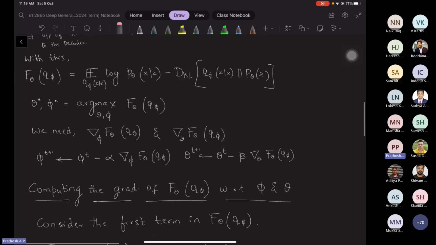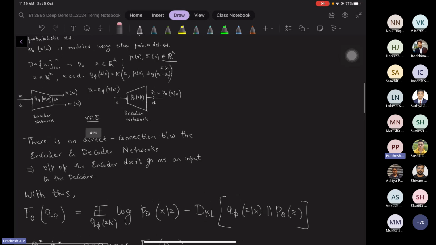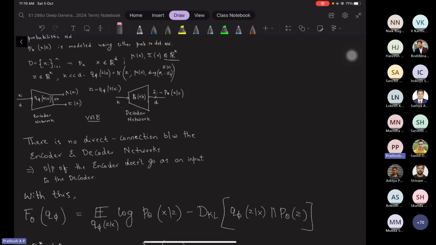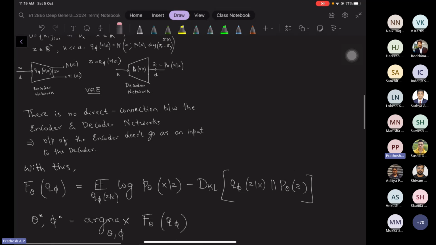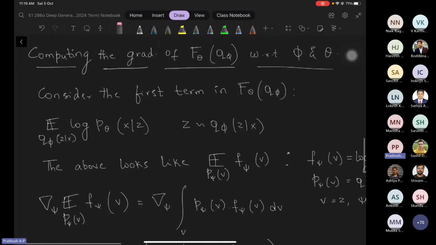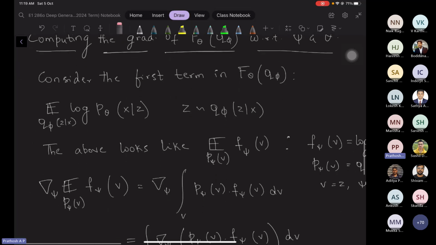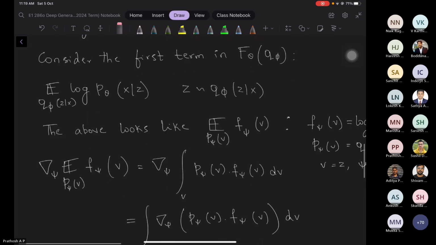And why is that happening? It is happening because our encoder network is made probabilistic. When we make our encoder probabilistic, the distribution with respect to which we are taking the expectation is also parameterized by the same set of parameters with respect to which we need the derivatives.